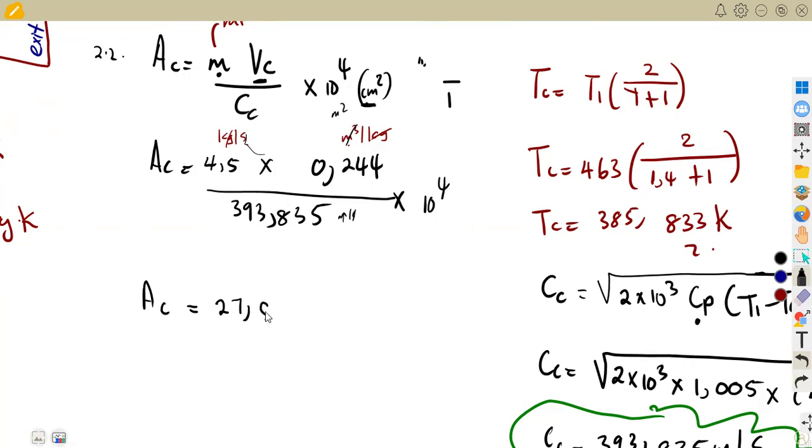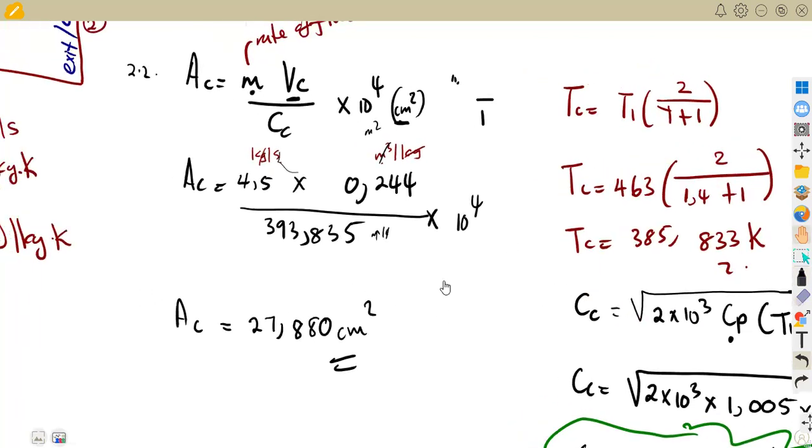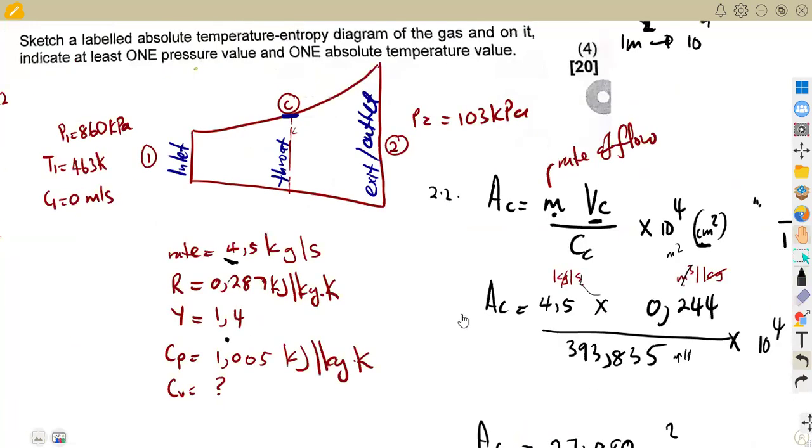So it's going to be 880 to 3 decimal places. Like I said, on that part of conversion, you can even use the calculator to convert your units, to change to 3 decimal places or whatever number of digits that you want. So that was the idea of the question. We are at the throat. Then we move on to the other part of the question.